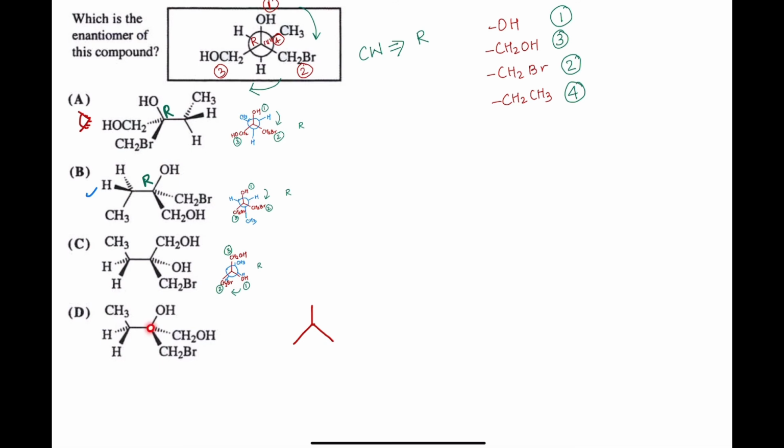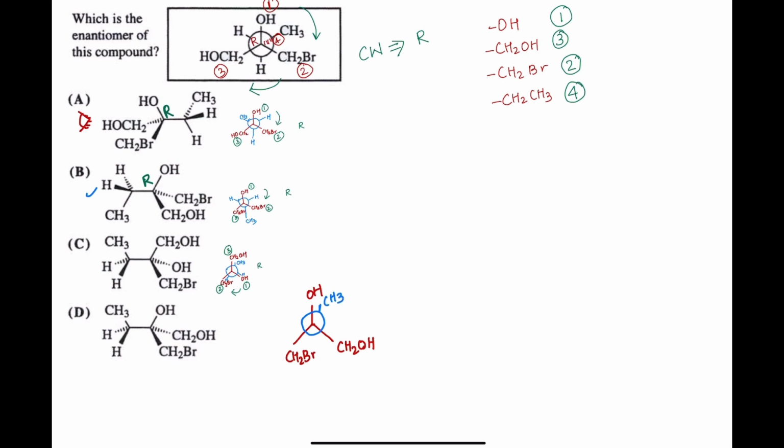So this is our chiral center, and we have OH that's going up, and we have CH2OH that's towards our right, and CH2Br towards our left. We have the carbon that's at the back, which has to be represented as a circle. Okay, and this is an eclipsed structure because of the two inverted Y's.